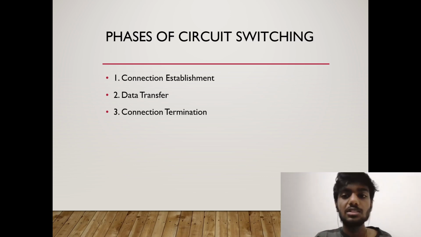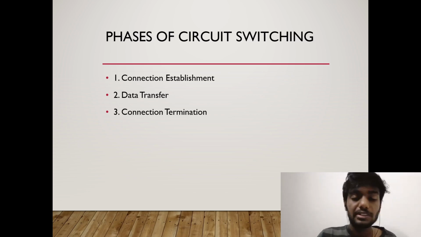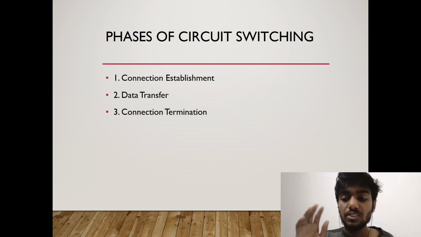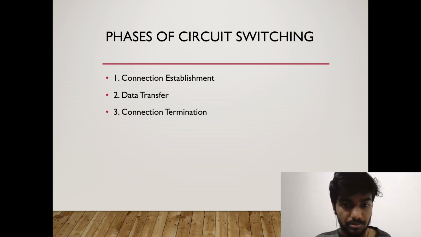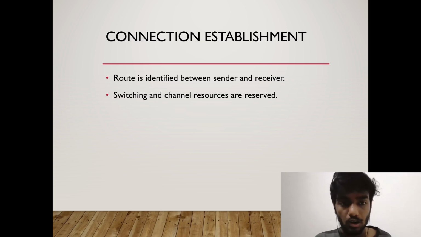Resources here means the path. The next stage is data transfer, the phase where the actual data transfer takes place. Once connected, data flows continuously with no addressing required. It won't halt.